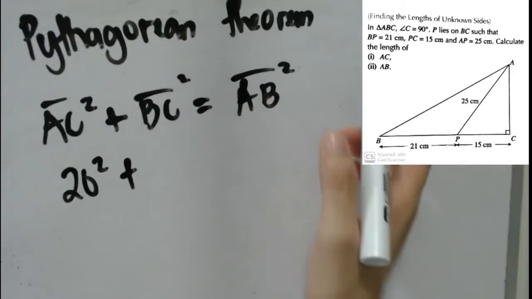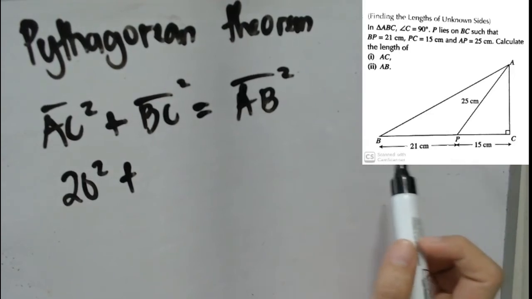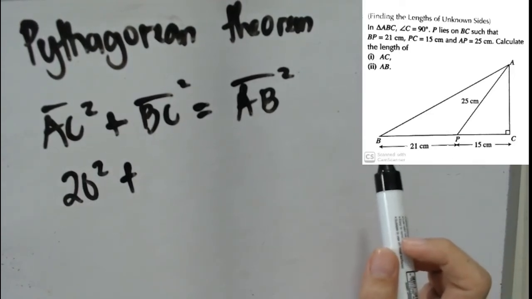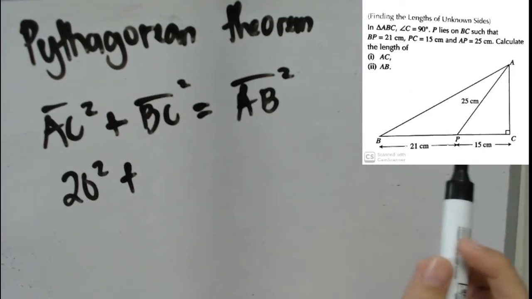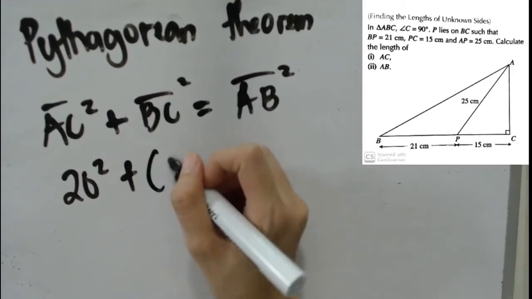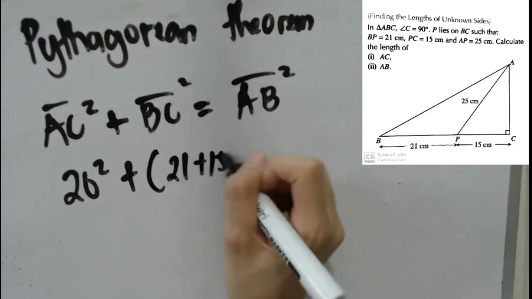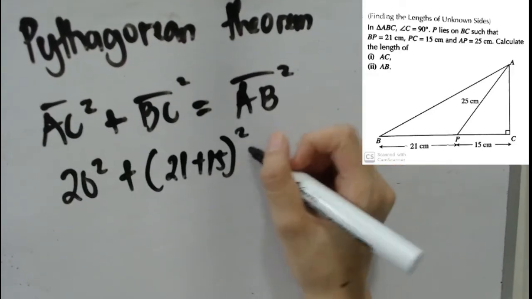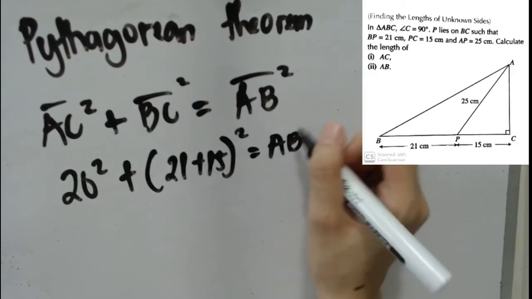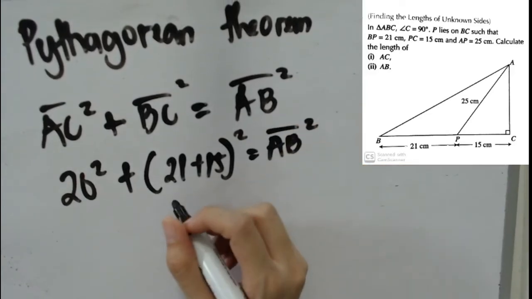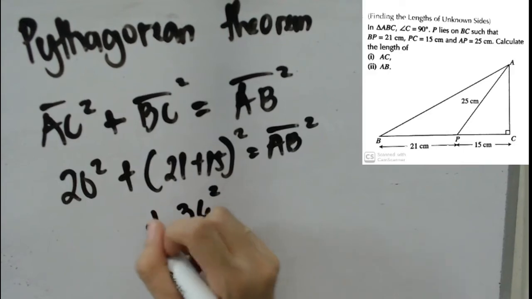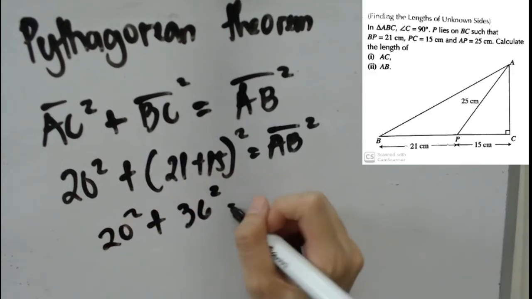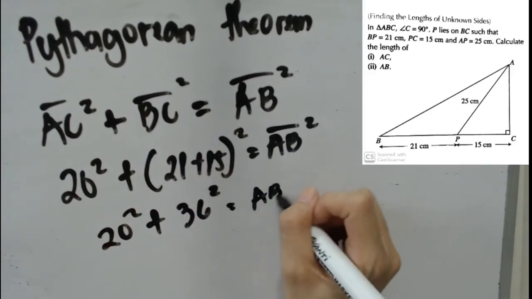As you can see in the picture, we need to add the lengths BP and PC to find the length of BC. So we have 21 plus 15, and of course we need to square that, equal to AB squared. 21 plus 15 gives us 36 squared plus 20 squared is equal to AB squared.